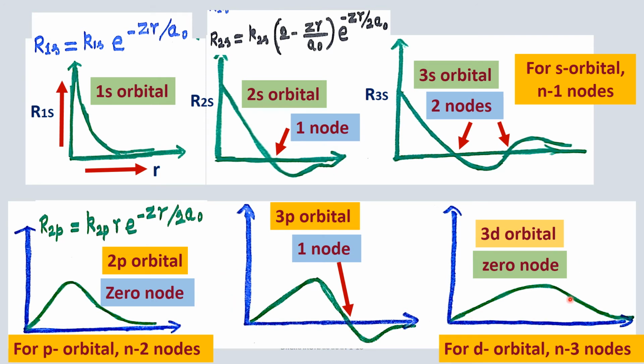For 3d orbital, there is no node, because the curve is not meeting the x-axis. In general, for p orbitals, there are n minus 2 nodes: for 2p orbital, 2 minus 2, and for 3p orbital, one node. Similarly, for d orbitals, there are n minus 3 nodes.